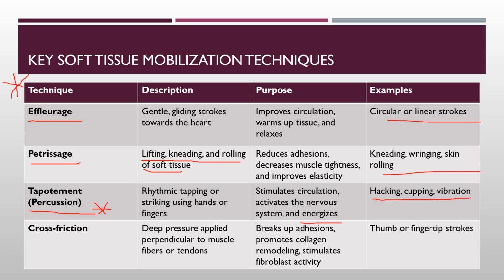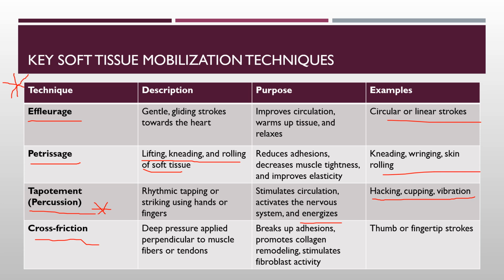So hacking, cupping, and vibration are all things that we look at in semester 5 for sure. And the last one here is cross-friction mobilization, or cross-friction massage. This is where we apply deep pressure perpendicular to the muscle fibers or tendons.